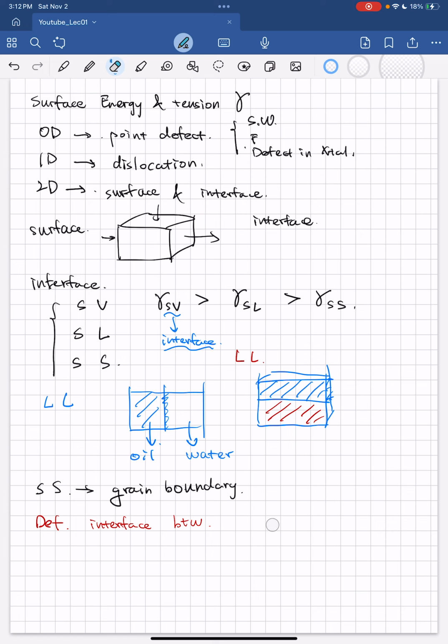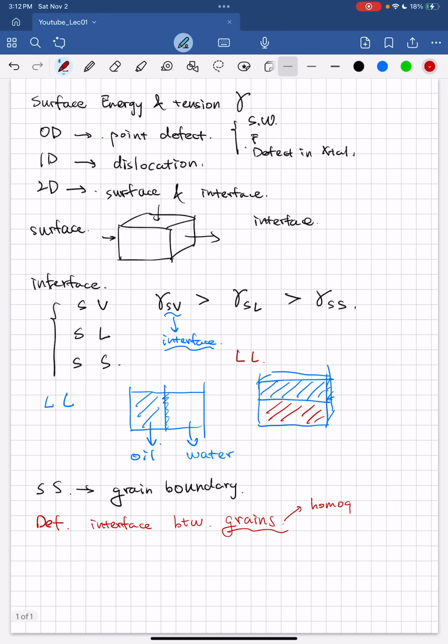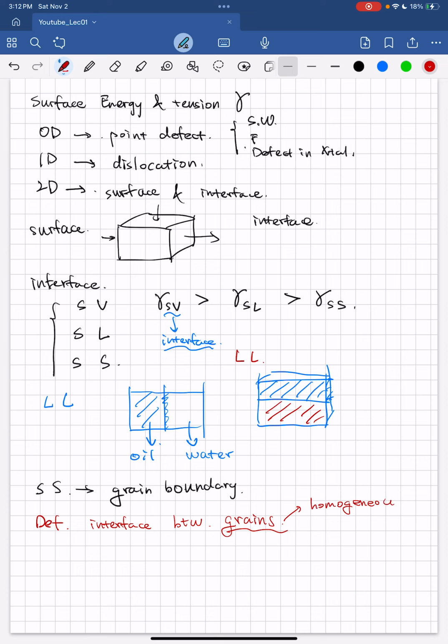Let's just say interface between grains. That is simpler. So inside the grain, homogeneous phase. Meaning inside grain, homogeneous phase.